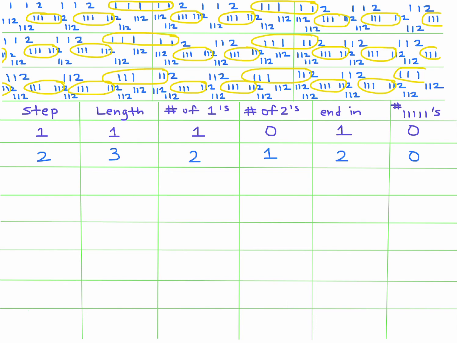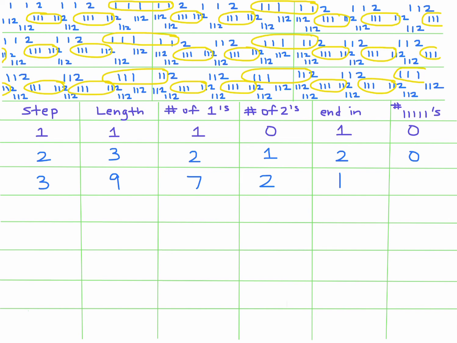Now the next step would involve 9, and it's these 9 right here. These guys right here. 112, 112, 111. Okay? So for those, that's the next step. It's a length of 9. How many 1s do I have? 1, 2, 3, 4, 5, 6, 7. How many 2s? 2. It ends in a 1. And how many of those 5 1 strings do I have?